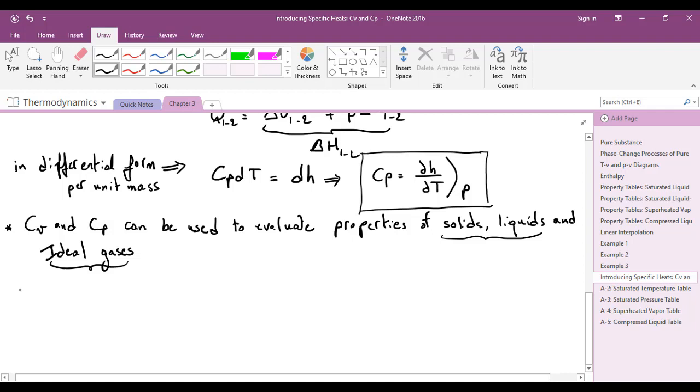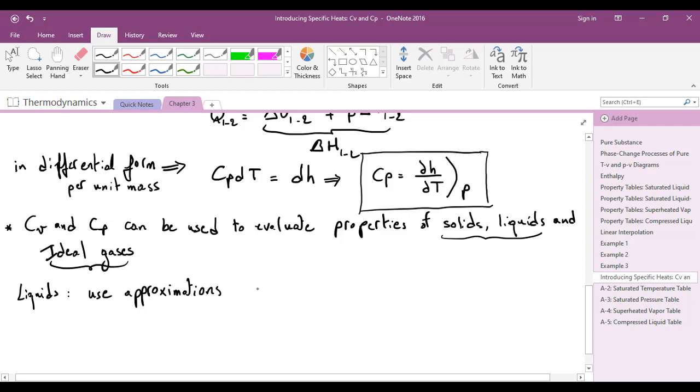So we said before that for liquids, we use approximations to evaluate their properties.